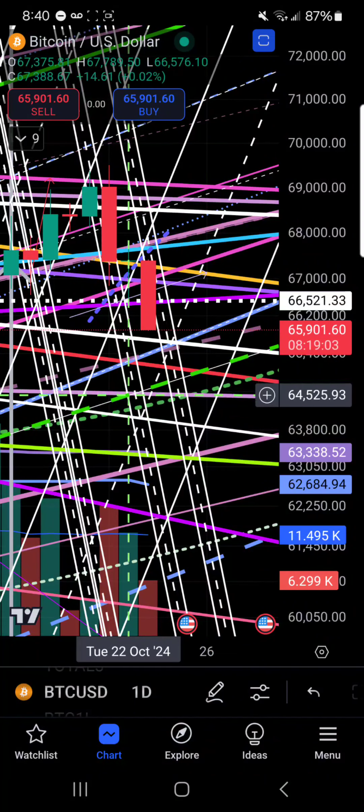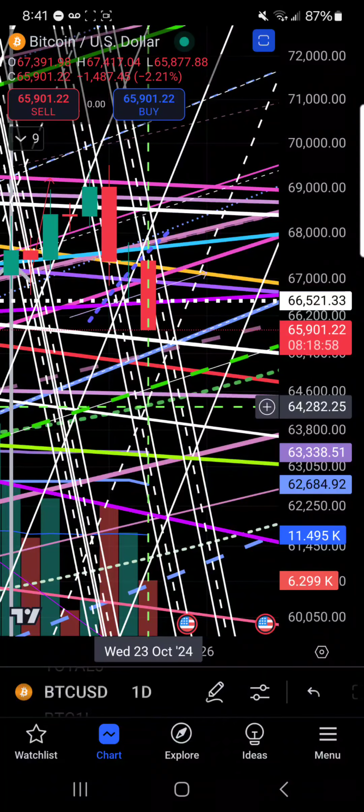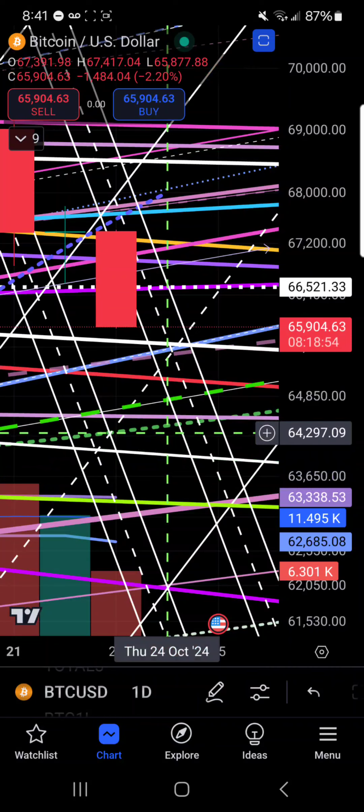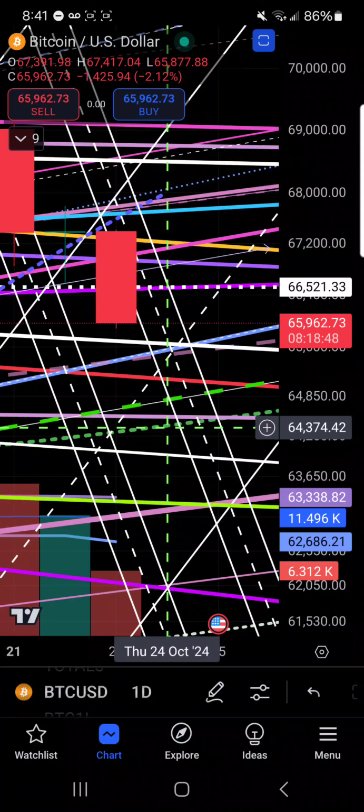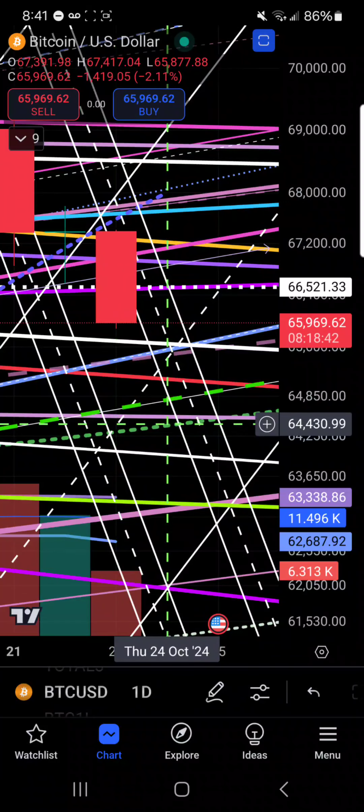But it's a little bit larger. Also here you have this green dashed line right here at around 64.4, 64.3. That's the top of the daily Gaussian channel. We might get stopped there. I don't think we really want to fall back into there.